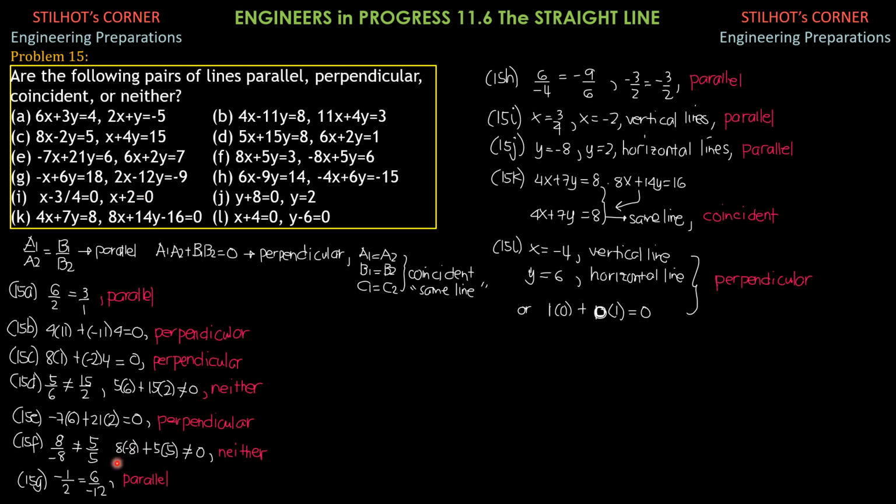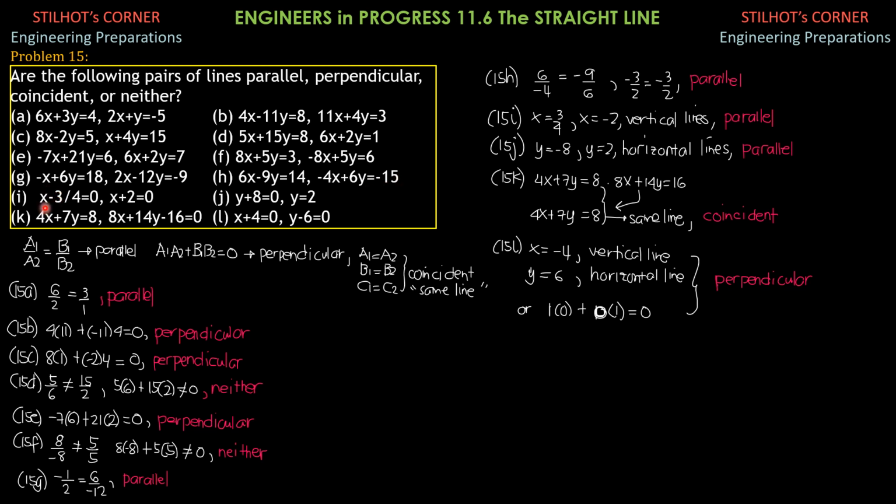Since they are equal, they are parallel lines because the constants are different. For 15H, we have 6 over negative 4, negative 3 halves, and negative 9 over 6, also negative 3 halves. They are equal, therefore they are parallel because the constants are different.